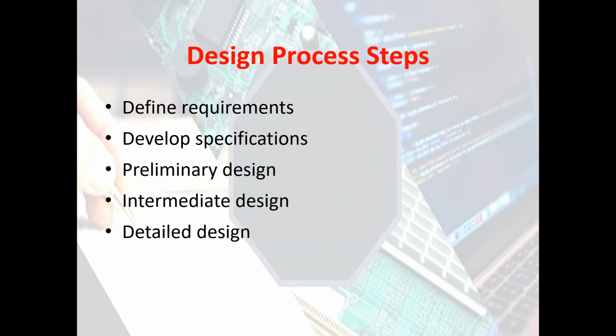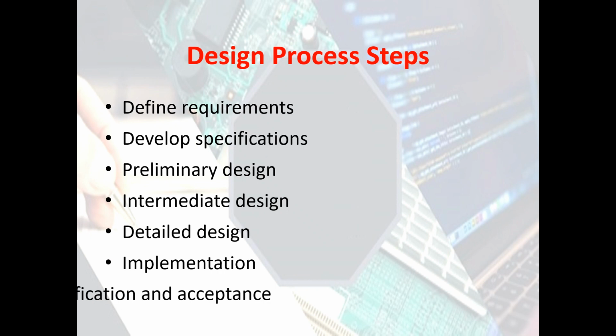Detailed design delves into specific elements, specifying algorithms and data structures. Implementation translates designs into executable code. The process concludes with verification and acceptance, ensuring the system meets the defined requirements and specifications. This systematic approach ensures a well thought out and thoroughly validated solution, contributing to the success of the overall project.